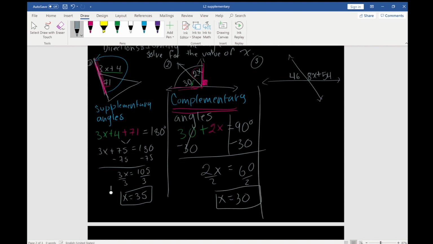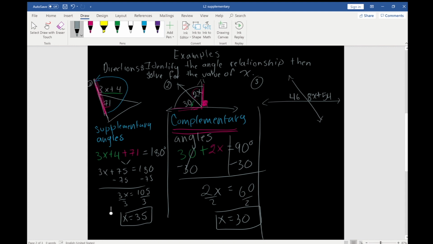So depending on the definition that you're using, you're going to have a different equation. If they make a 90-degree angle, when I'm talking about the sum, then that's going to be 90. If they make a straight angle, then that's going to be 180. So the last example, number 3. Ask yourself, is this going to be supplementary or complementary?